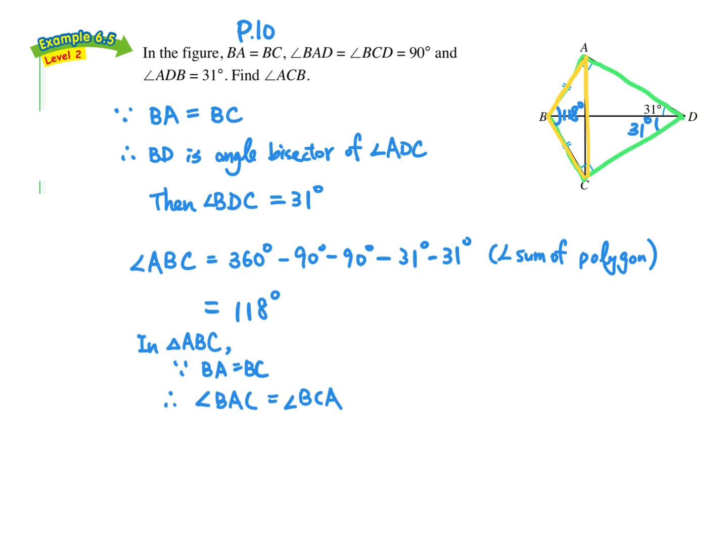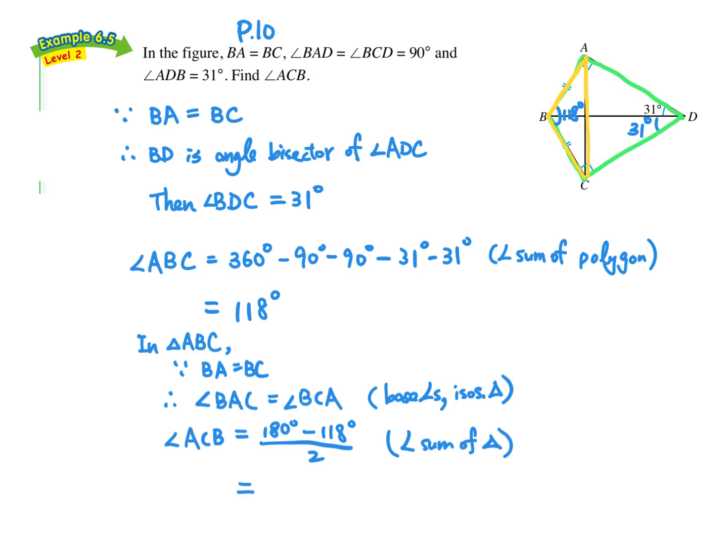And because BA equals BC, we have the base angles equal. And then angle ACB, one of them is equal to 180 degrees minus 118 degrees, and then over 2. It is angle sum of triangle. And we get the answer.